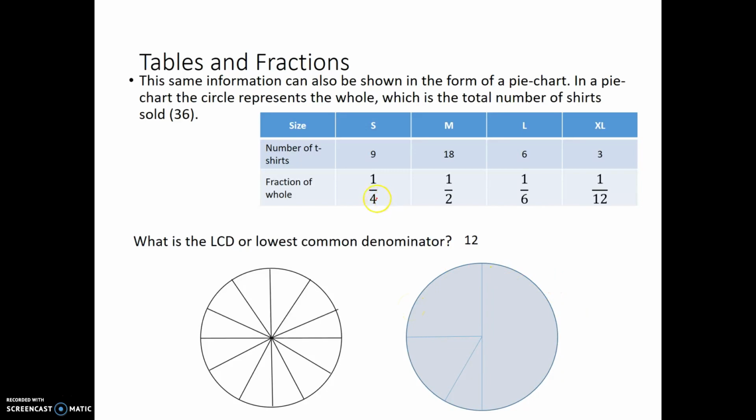So let's just take a look at that 1/4 right there. Well, let me just remind you about what our fractions were in terms of 12. So this was 3/12, 6/12, 2/12.